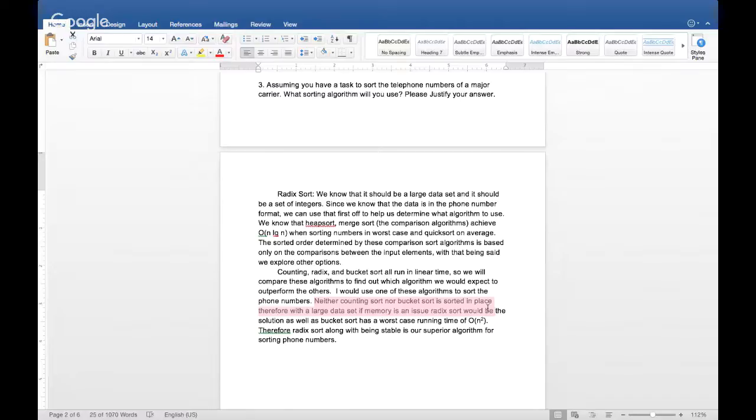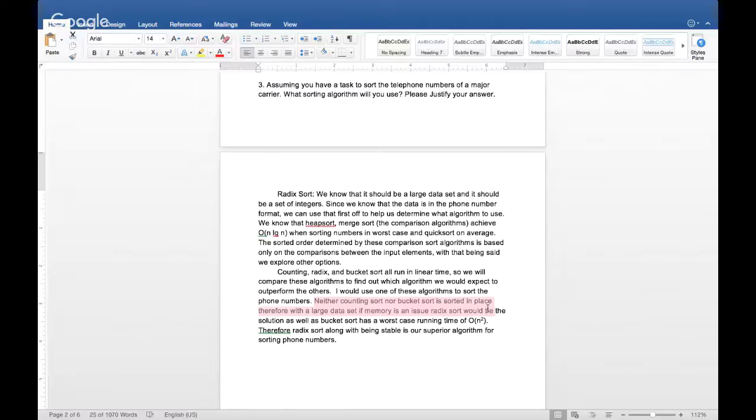So if you did have a memory requirement or limit, these are neither sorted in place, so radix sort would get a point compared to those two.